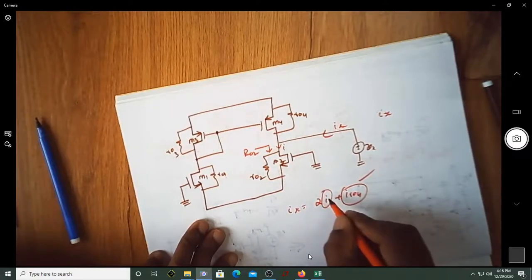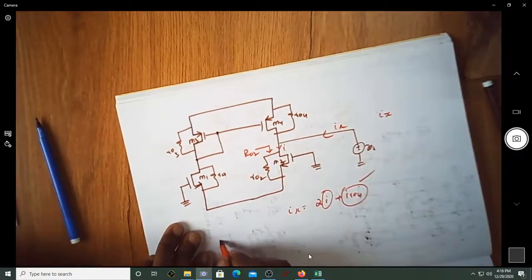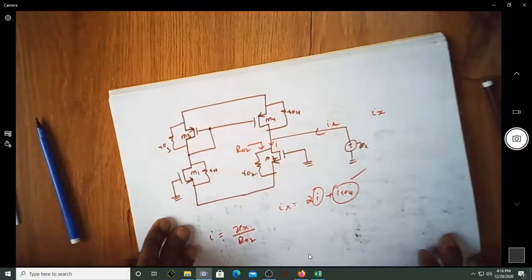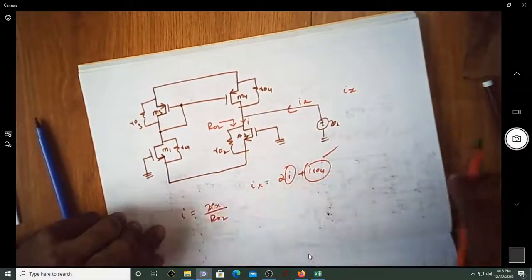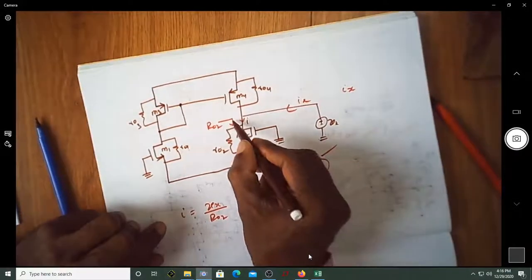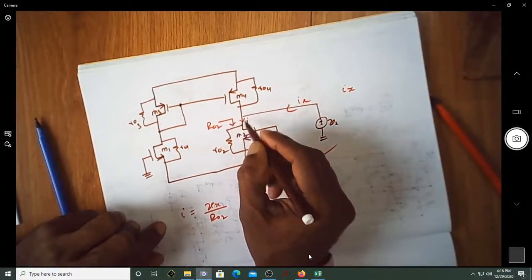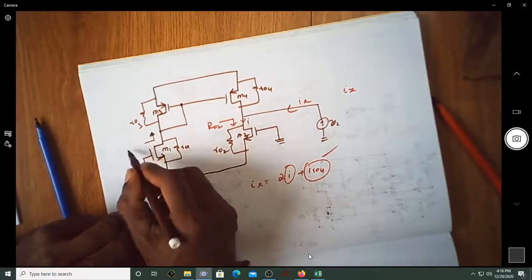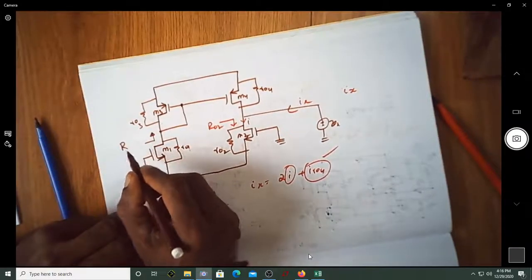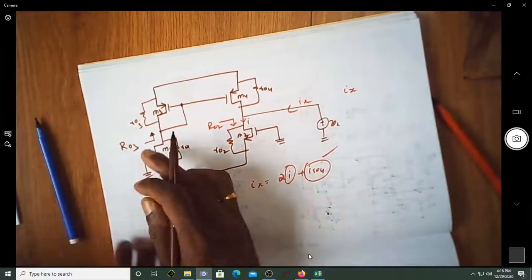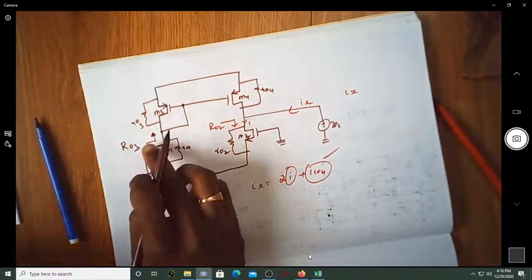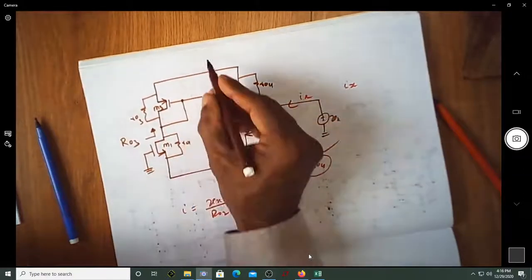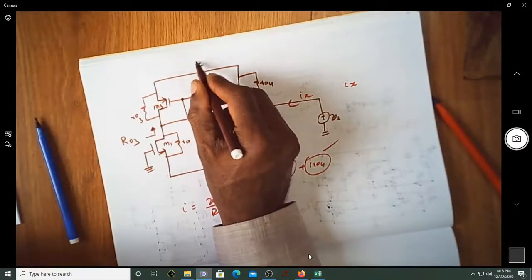Since I want to know the value of I, which is equal to Vx by R02, now if I try to find the resistance seen at this point, can we estimate the resistance seen towards this point? Suppose we say this is R03. If you carefully notice, this is AC grounded, this is AC grounded.